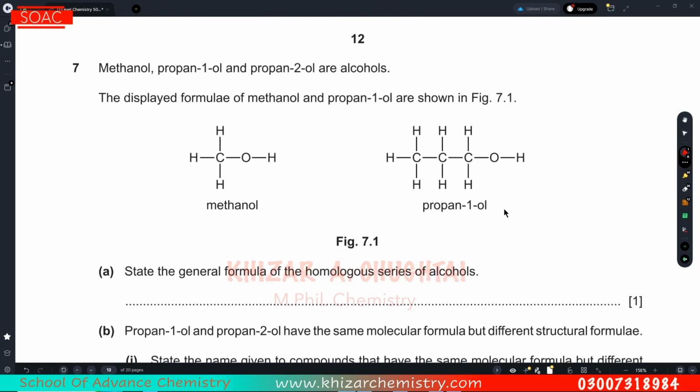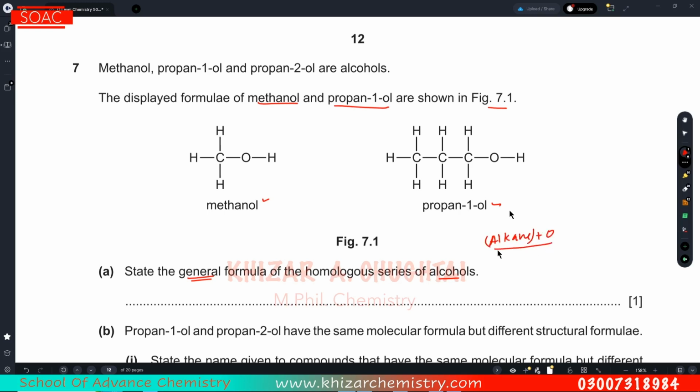Question number 7. Methanol, propan-1-ol, propan-2-ol are alcohols. Display formulae of methanol and propan-1-ol are shown in figure 7.1. State the general formula of the homologous series of alcohols. The general formula is very simple. It is alkane plus oxygen.